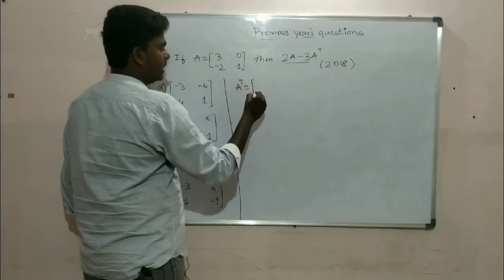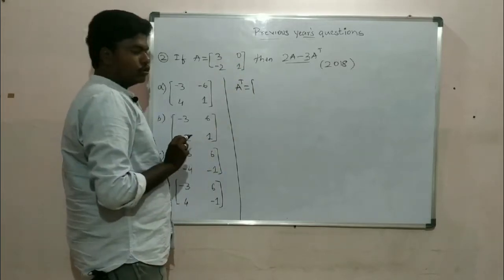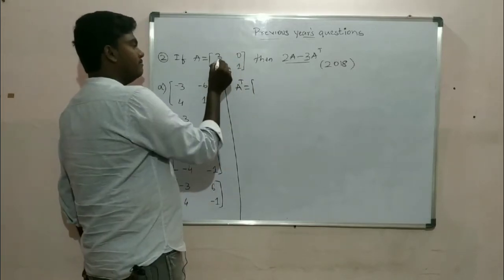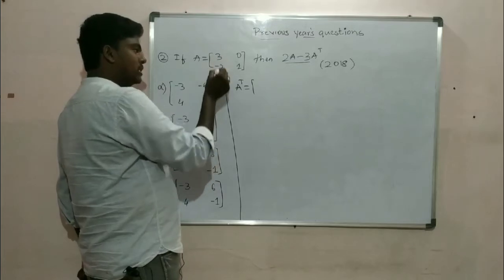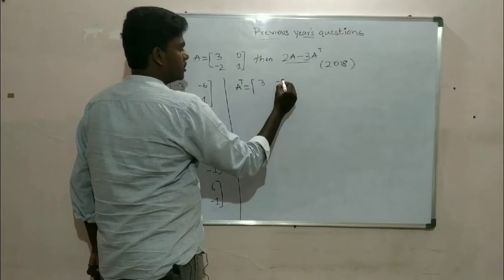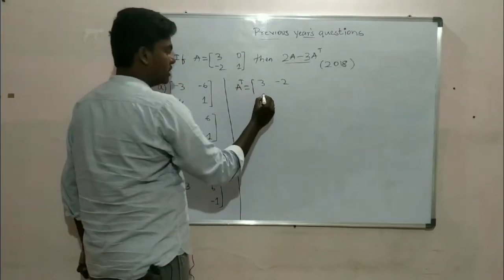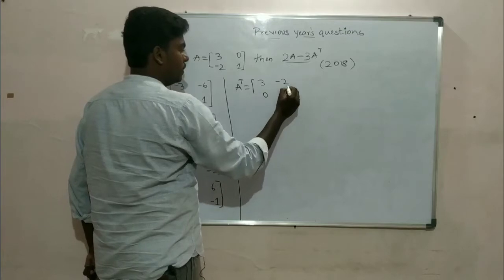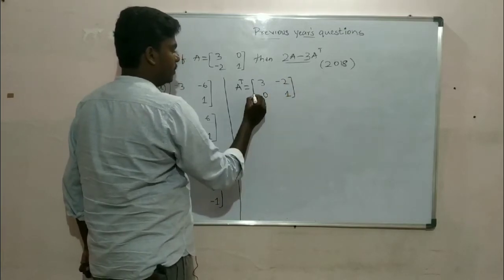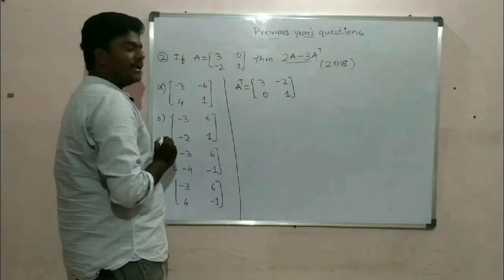A transpose: as I said, rows are going to become columns and columns are going to become rows. Here 3 and minus 2 is a column, and it will become a row here: 3, minus 2. 0 and 1 is a column, and it will become a row here: 0, 1. So we now know A transpose. Now we have to find 2A minus 3A transpose.